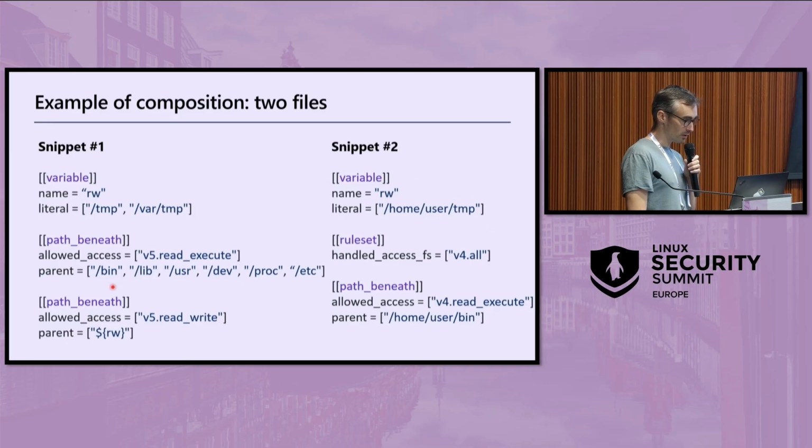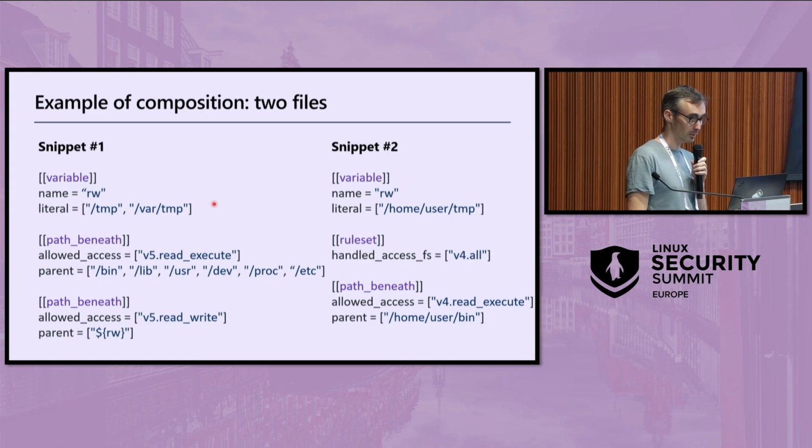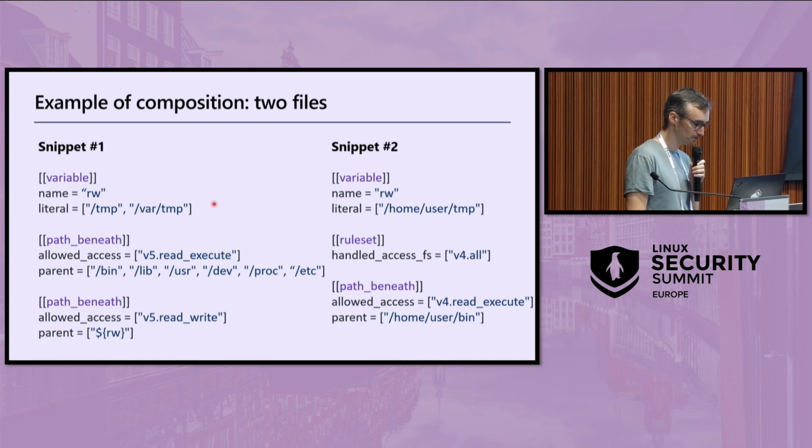What might be common to all users from the system is what should be executable on the system. So you can define a set of hierarchies here. And then we define the common temporary directories that should be writable, but not executable.